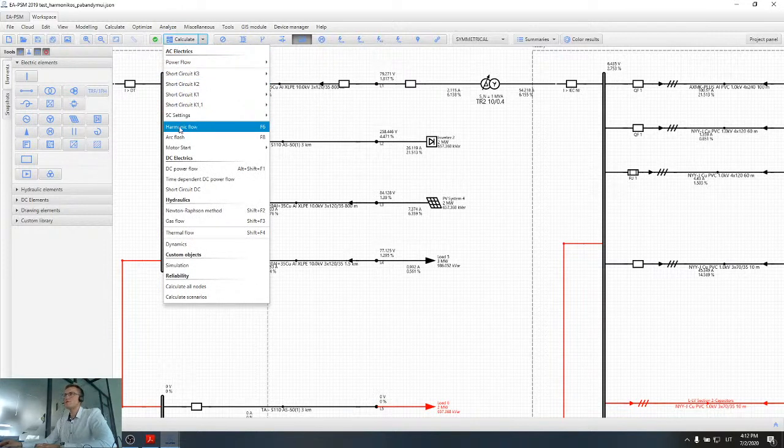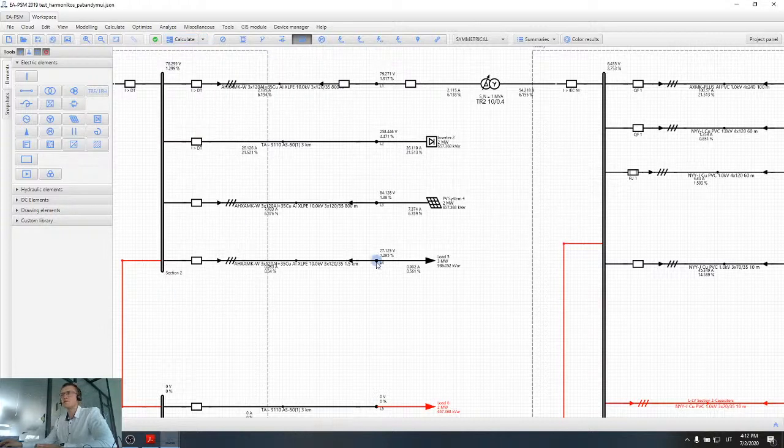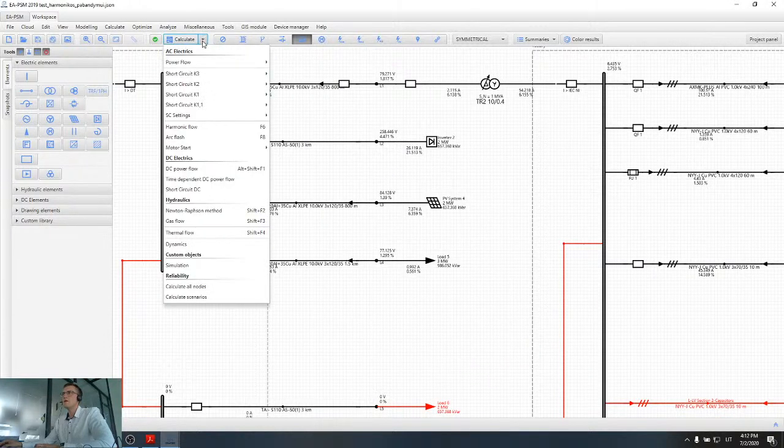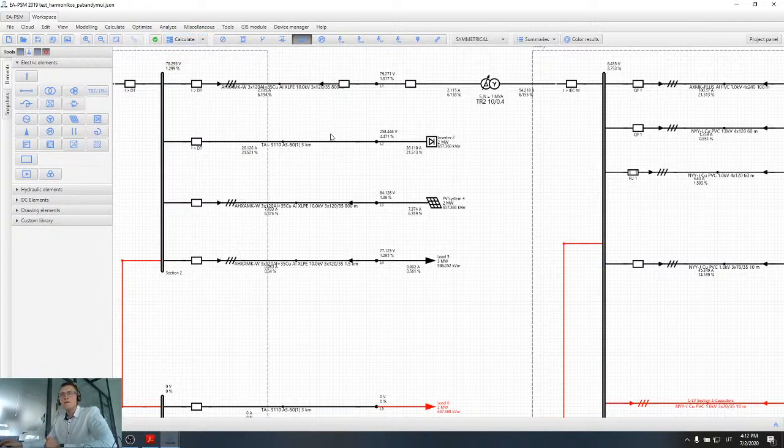But as I have mentioned, the main calculation behind this harmonic flow is simple power flow, and power flow does not have standards which specify how to perform it. There are methods like the Newton-Raphson method or the Gauss-Seidel method, but these are not covered by any standards.